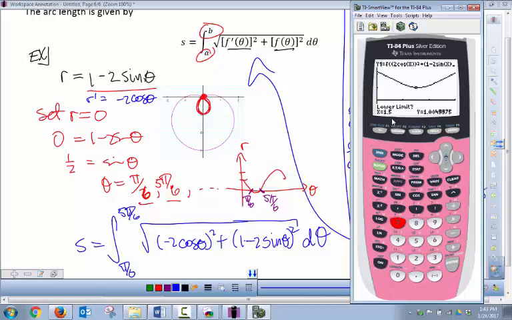It's going to ask for the lower limit. I want my lower limit to be pi over 6, so I'm going to hit pi divided by 6. Enter. It's going to ask for the upper limit. The upper limit is going to be 5 pi over 6. Enter.